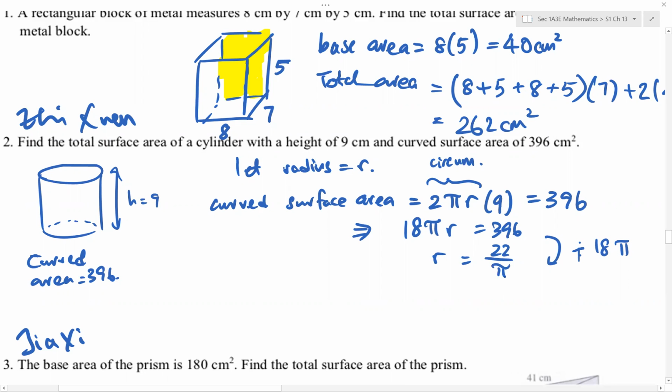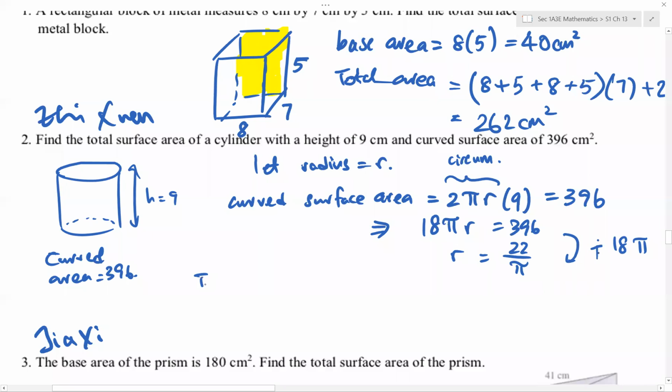Now, total surface area. Total area will be like what Aiman did with us. Perimeter times perpendicular height. The question gave it to us already, 396. Plus 2 times the base area. In this case, pi times radius squared, 22 over pi squared.